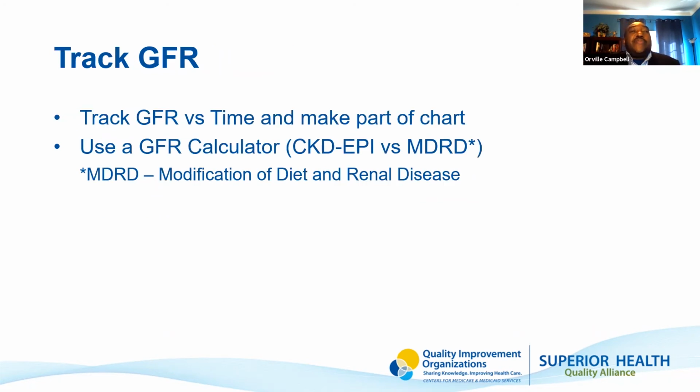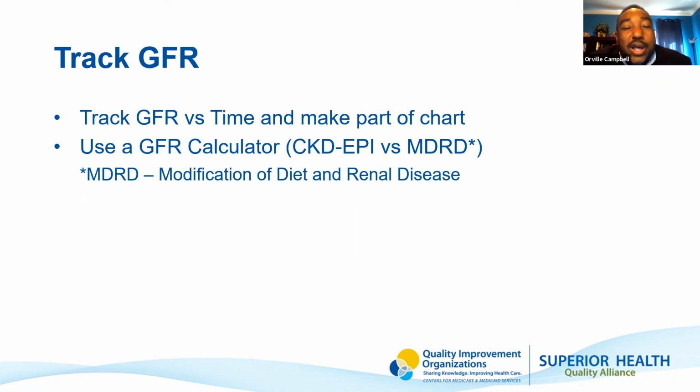Track the eGFR. Again, track it versus time. Make it a part of the chart. Whether you use CKD-EPI versus MDRD, the modification of diet in renal disease study equation, we don't want to get into that.